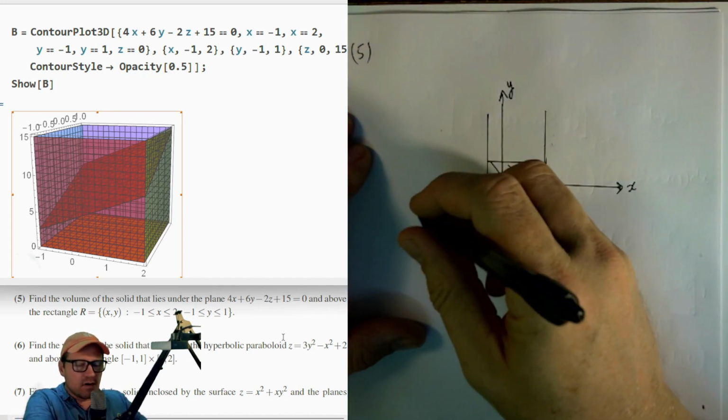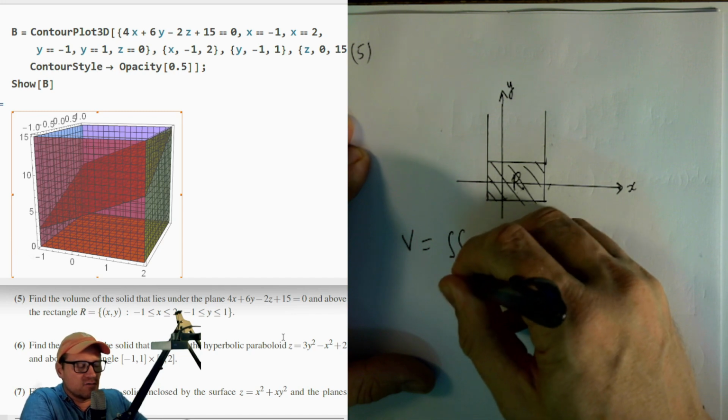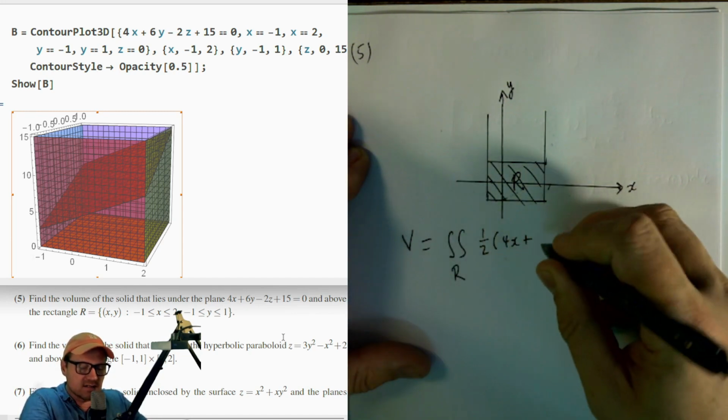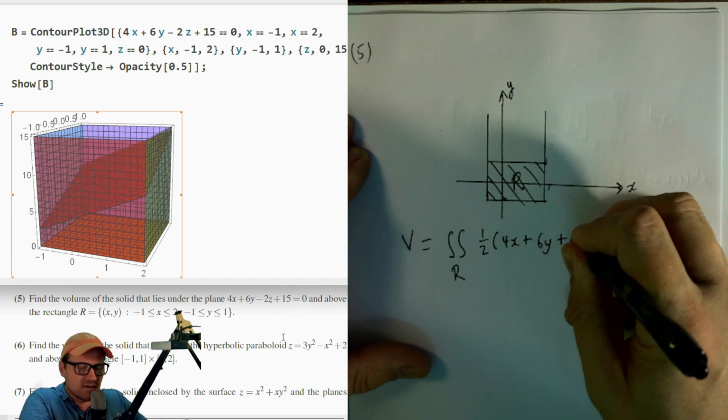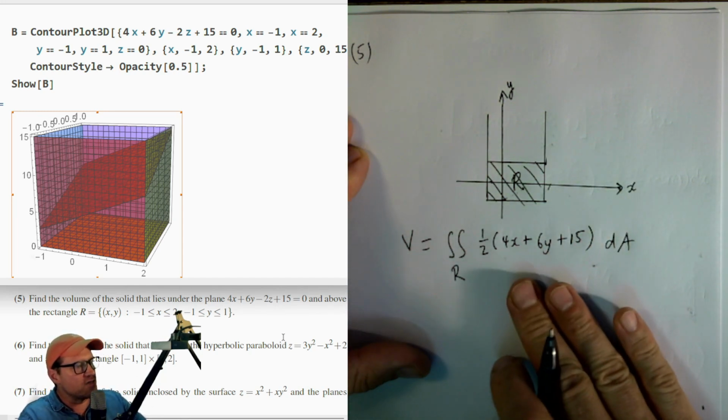And so we've got the V, the volume, is a double integral over the region R of 1/2 (4x plus 6y plus 15) dA. Okay, so why have we written down this?